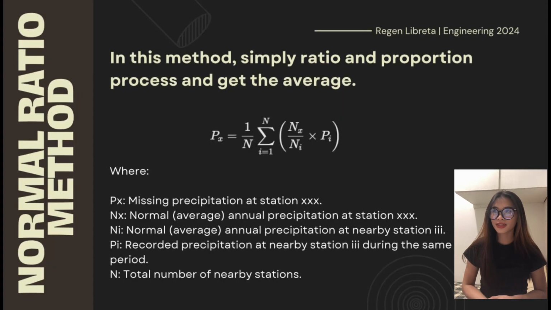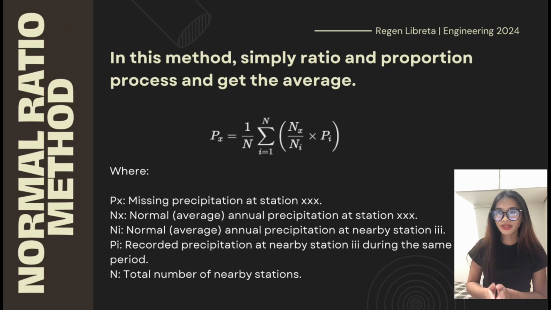Next is the normal ratio method. In this method, we simply use ratio and proportion and get the average. So we have the formula Px equals 1 over n, where n is the total number of nearby stations, multiplied by the sum of Nx over Ni multiplied by Pi.